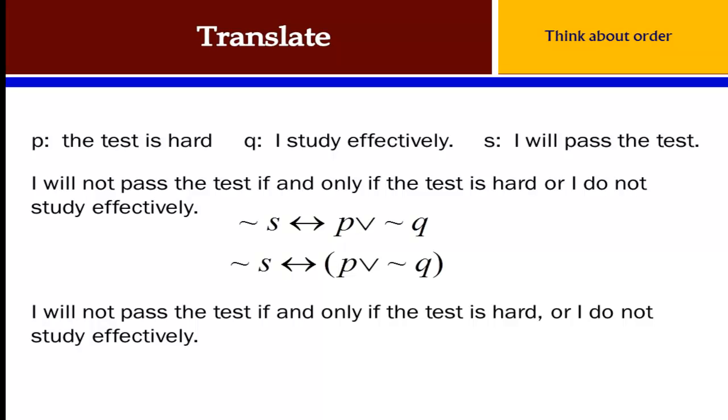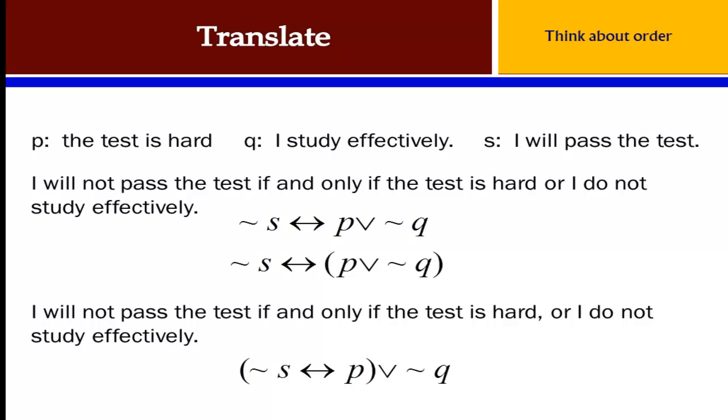I will not pass the test if and only if the test is hard, or I do not study effectively. Now this is slightly different from what you see here because there's a comma in this statement. Symbolically, we would have to write those statements that are on the same side of the comma grouped together.